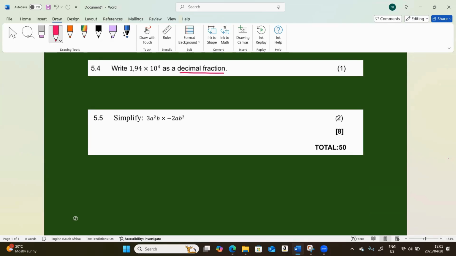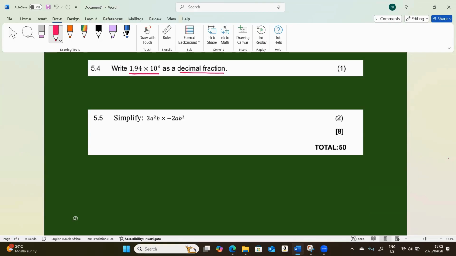Guys, the answer of this is not necessarily going to be a decimal fraction. So this is the only part that might have been a bit confusing. But if you just apply what they ask you over here, you will get to the answer.